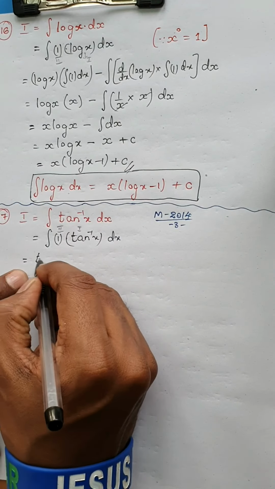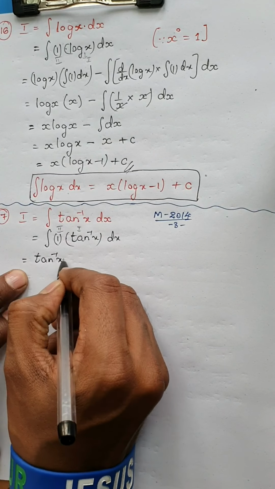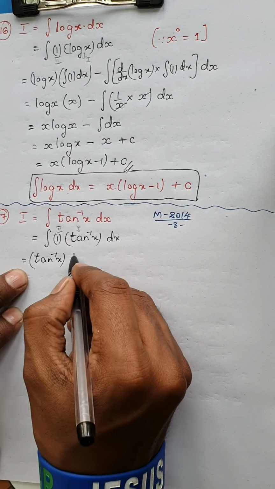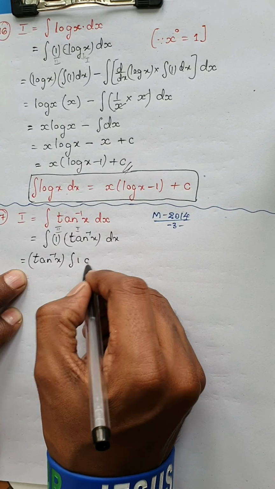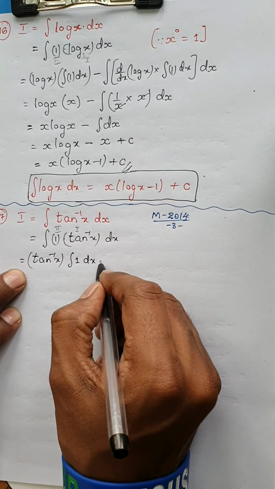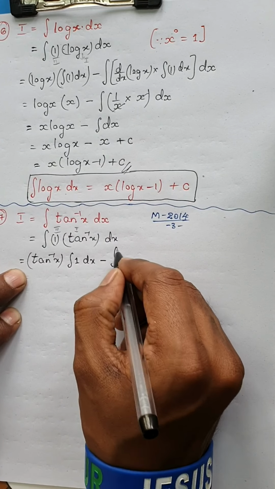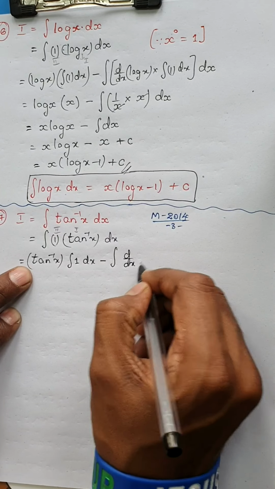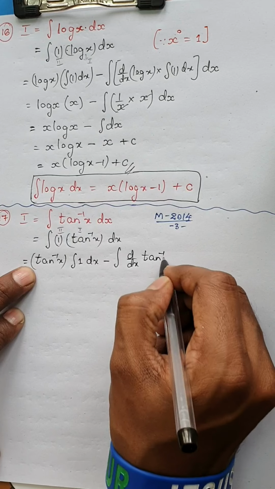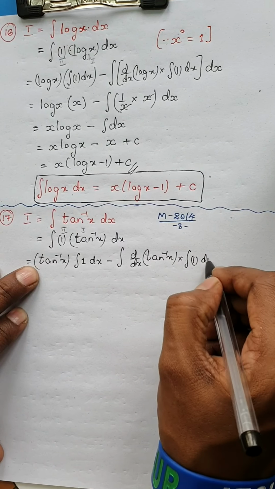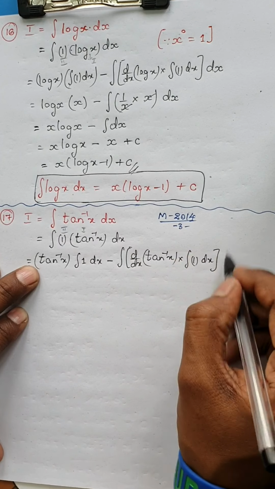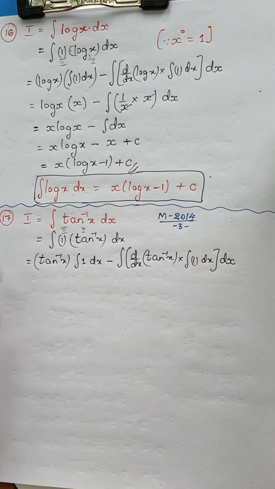According to our procedure, keep the first function as it is, that is tan inverse x, and integrate the second function, that is the integral of 1 dx, minus the integral of the derivative of tan inverse x into the integral of 1 dx; the product of this is integrated with respect to x.